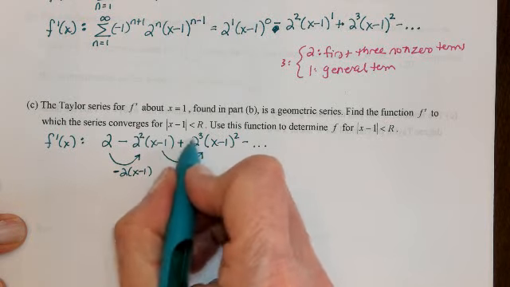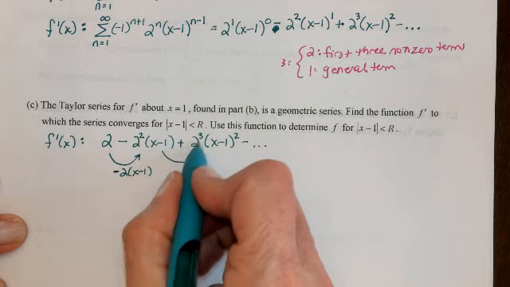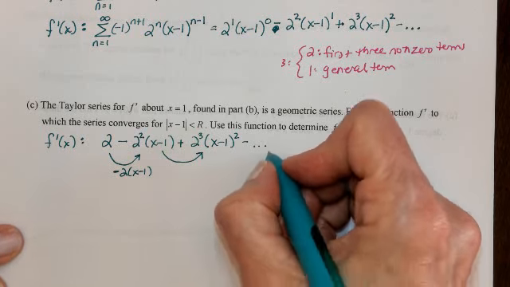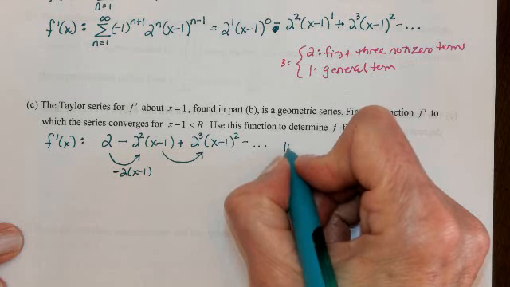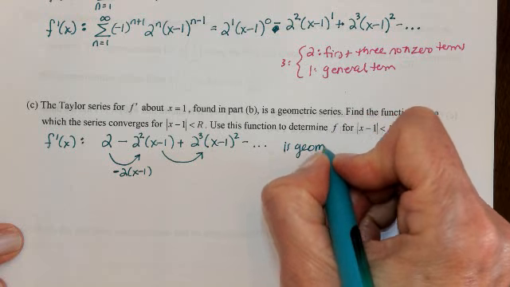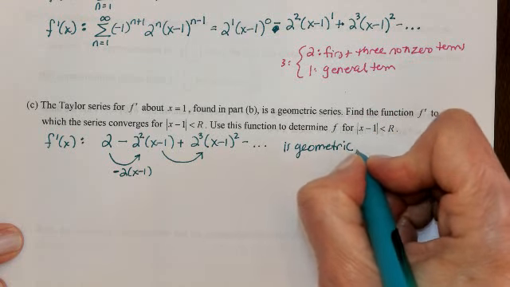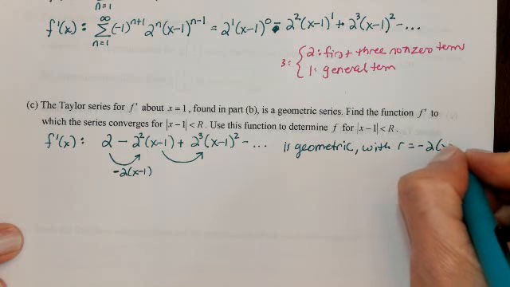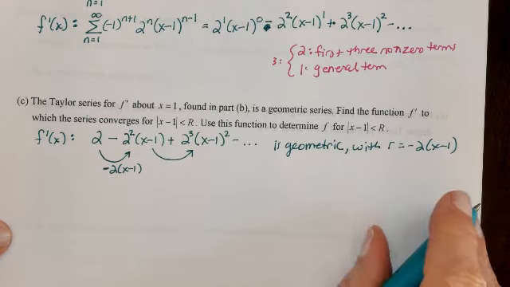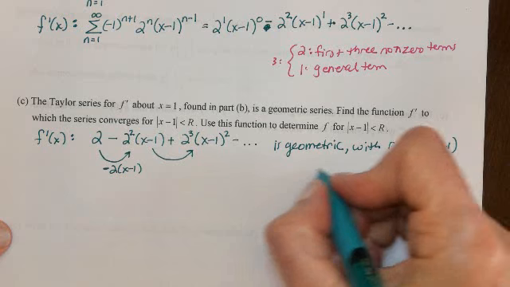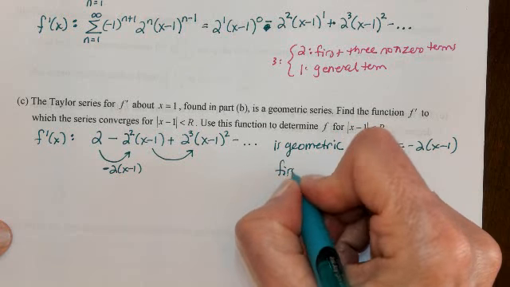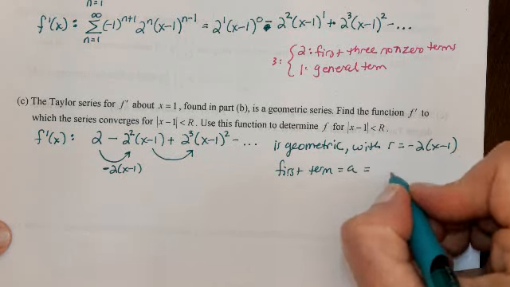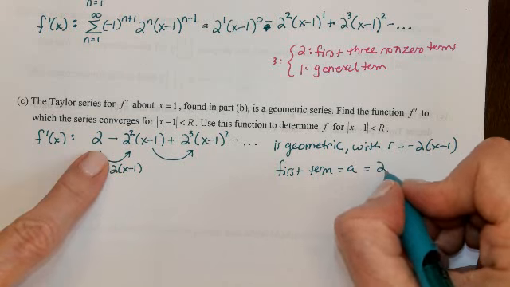I multiply by another negative 2 and another x minus 1. So this is geometric with r equals negative 2 times x minus 1. The first term, a, is 2.